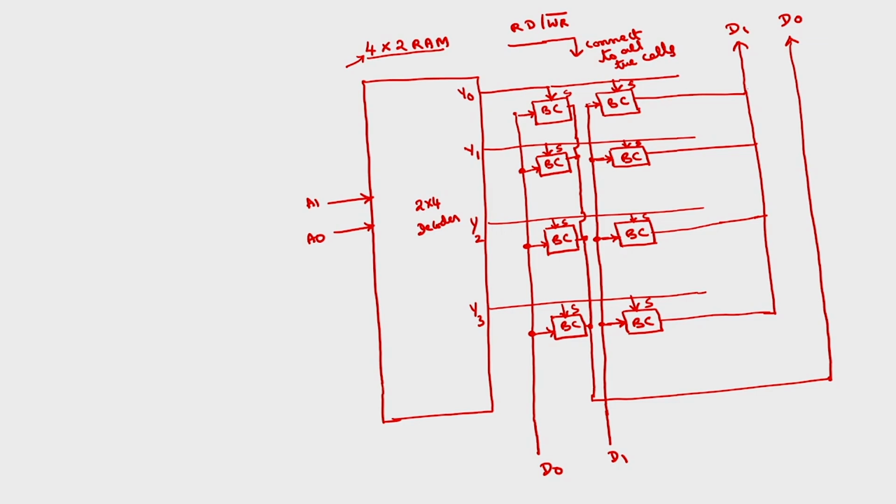Okay. Now what will be the block diagram of this 4 by 2 RAM? 4 by 2 RAM, 2 address lines which are unidirectional, A1 A0, 2 data lines bidirectional D1 D0, one select signal corresponding to each of these memory cells, then read by write bar signal.